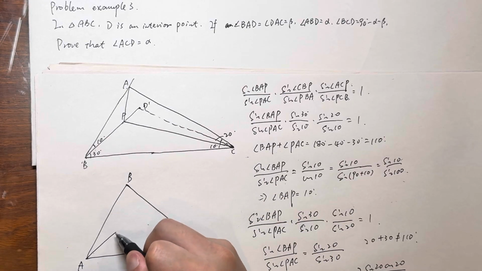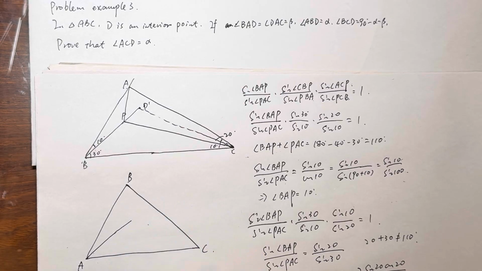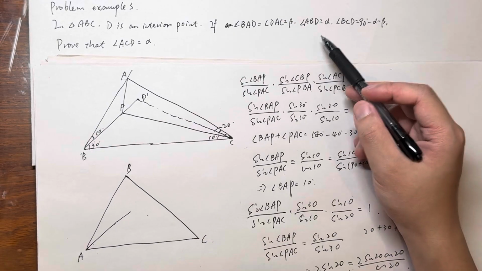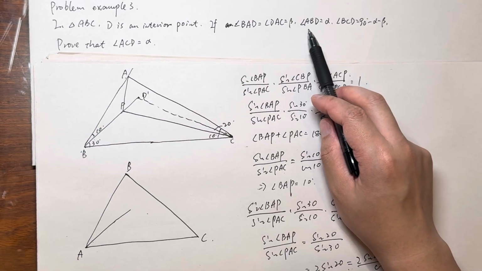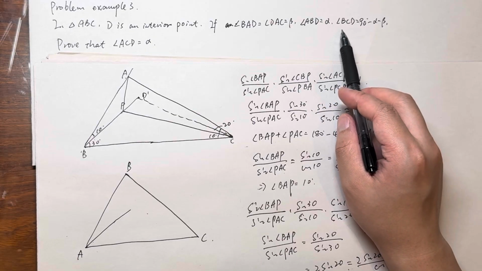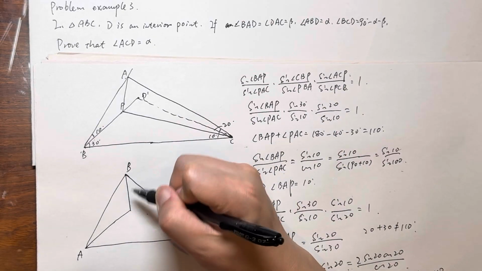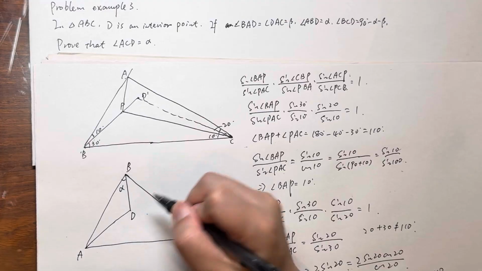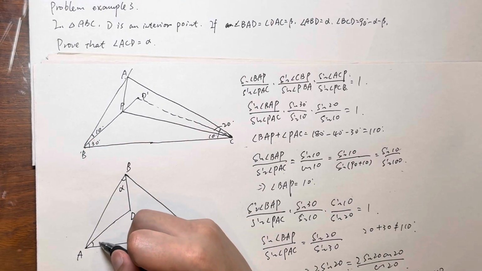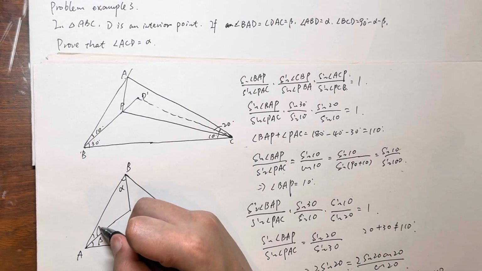D is on the angle bisector, and we know that angle ABD equals alpha. So this one is alpha, this is D, and this one is beta, this one is beta, right?